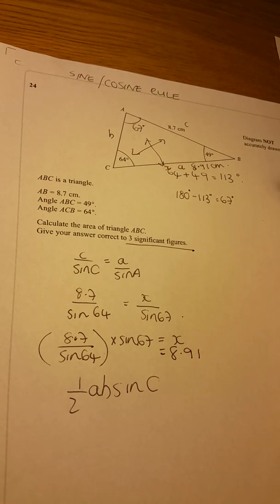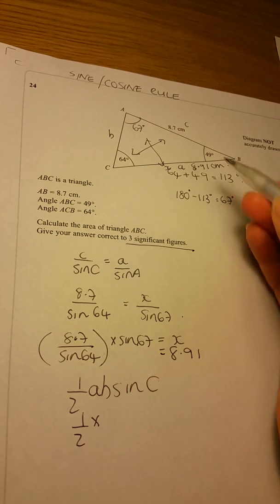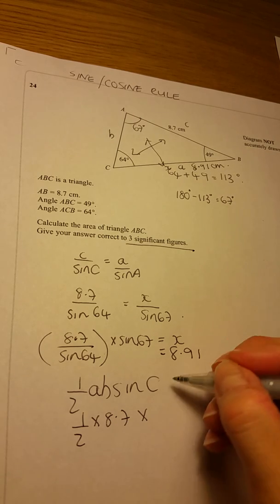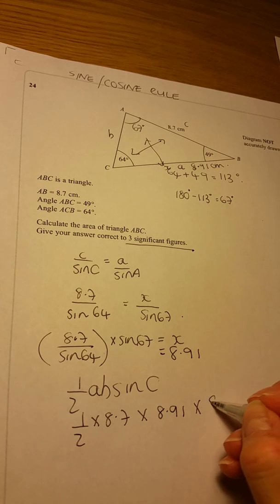If you need to relabel it, you can, but just trust that the side sandwich goes in there, and the angle sandwiched goes in there. So we just do a half times A, which in this case is 8.7, times the other sandwiching side, sorry, times by sine 49.